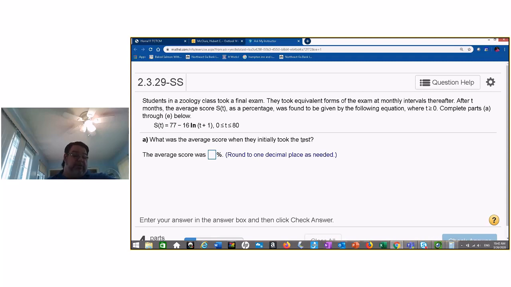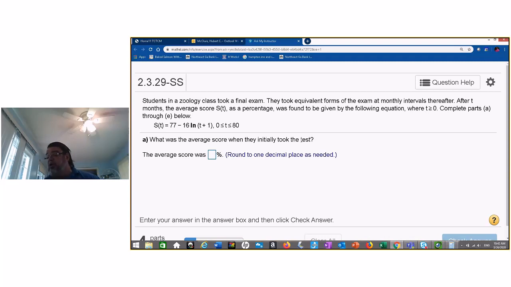Well, that would be T is equal to 0. So somebody plug that in. Here we go with the algebra again. S of T is equal to 77 minus 16 natural log of T plus 1. And we're going to plug in 0, initially.